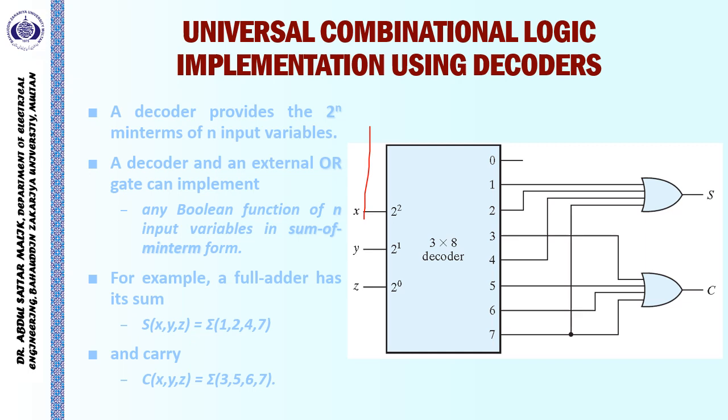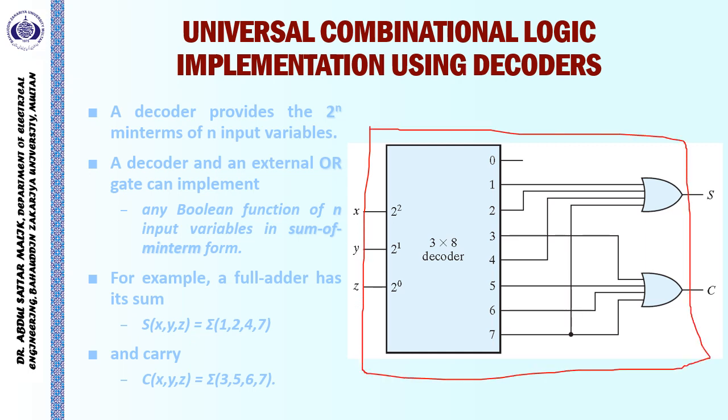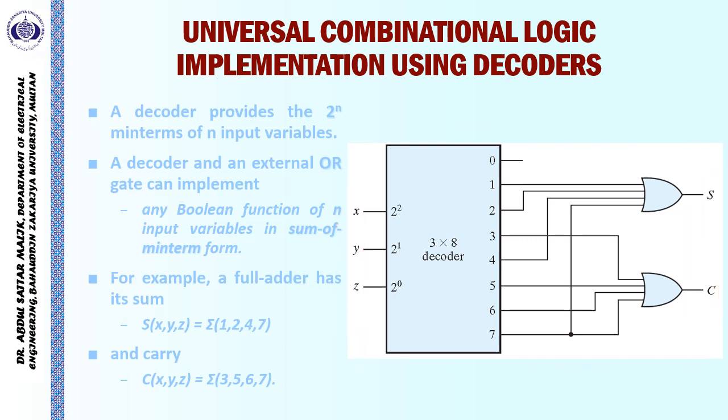So what we have done is, if we consider this whole circuit, it has 3 input variables X, Y and Z and 2 output variables S and C, which is actually the implementation of a full adder.